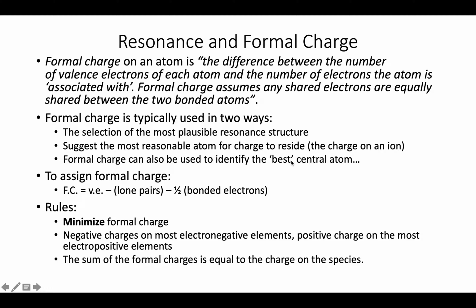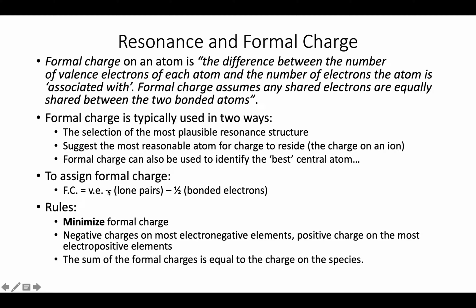And you can use it to identify the best central atom. When I was telling you about the kids last year, and when they screwed the Lewis structure up on a given atom, that's where they messed it up right there. They didn't use formal charge to select the best central atom.